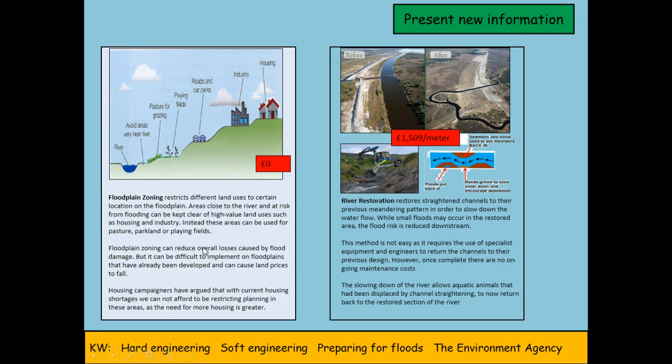There are issues. It says down the bottom here that with current housing shortages, you really can't be choosy. But as I always say, it's better to not have a house on a floodplain where it's going to flood, you know? So, I don't know.